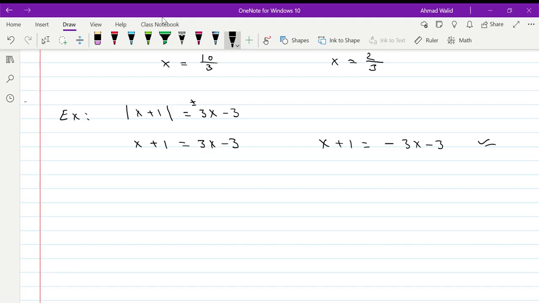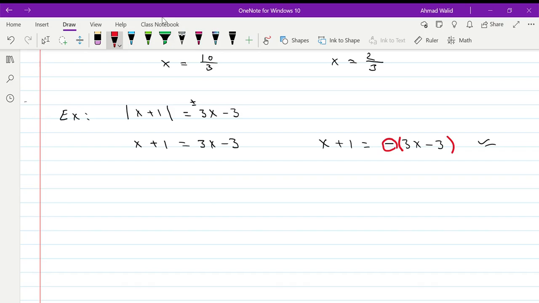The way that I wrote it is totally wrong. You have to use parentheses, because if I don't put parentheses on the right side, this negative will only belong to the 3x. But if I use parentheses, I will distribute this negative to both terms, correct?